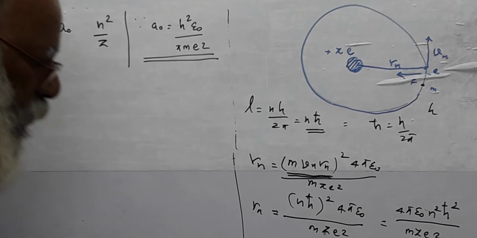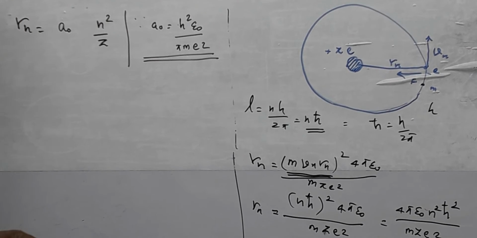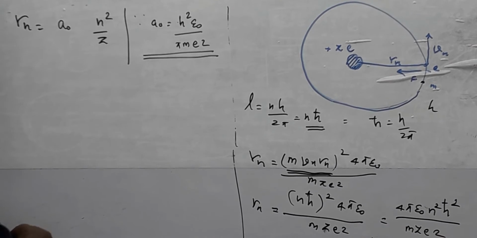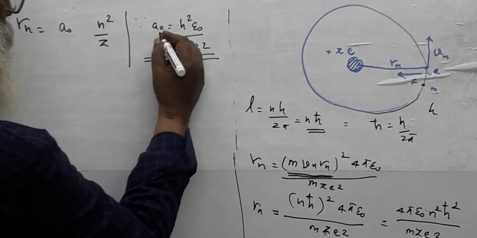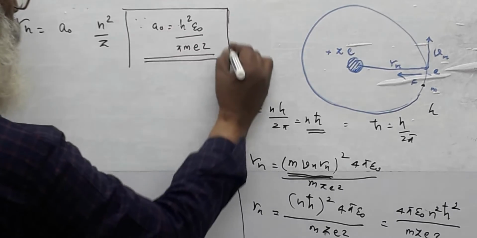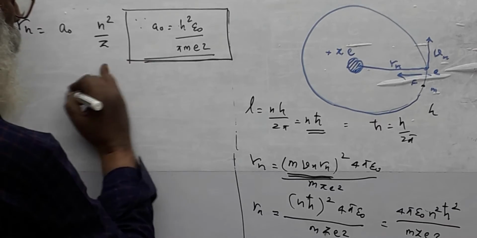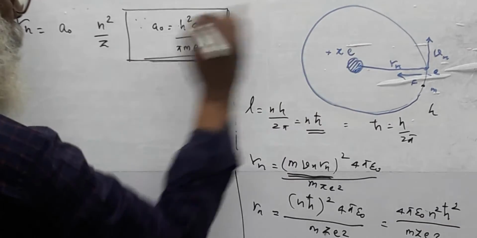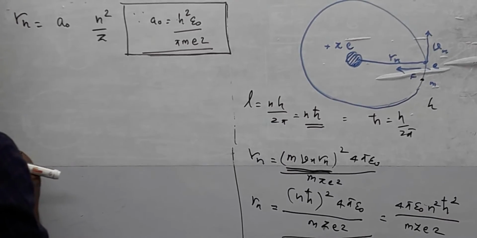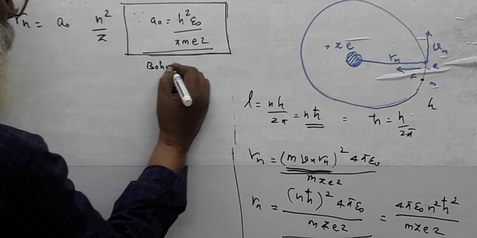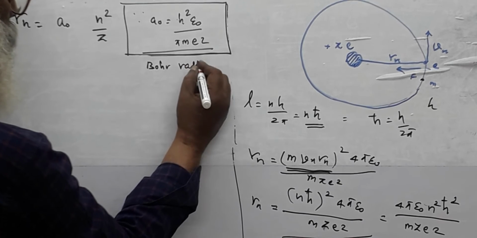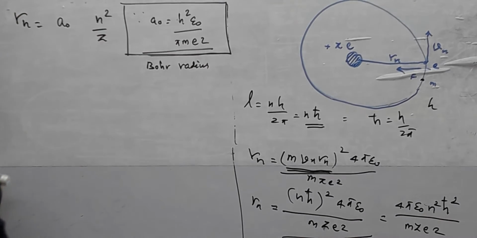What is Bohr radius? This is the fundamental equation for the lowest orbit. When you consider the lowest energy state, this is the fundamental equation to identify the radius of an atom. It is called Bohr's radius. Are you clear?